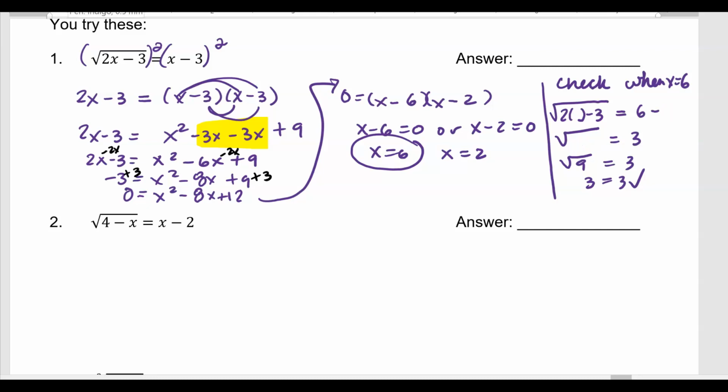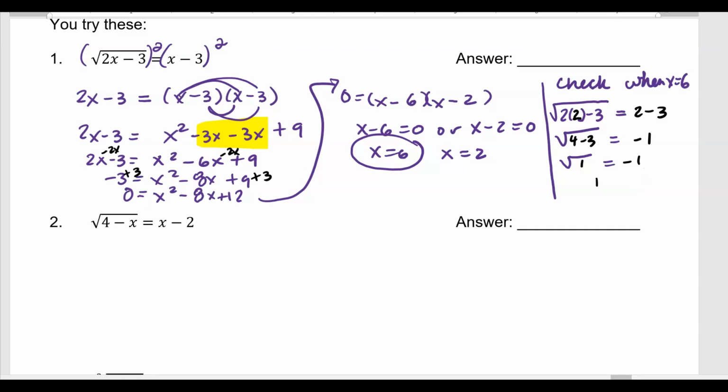So we're going to put in 2 for x to determine if 2 is also a solution. So 2 times 2 minus 3, that's 4 minus 3 here, and on the other side 2 minus 3 is negative 1. So that's a problem. We have 1 over here, and we have negative 1 over here.